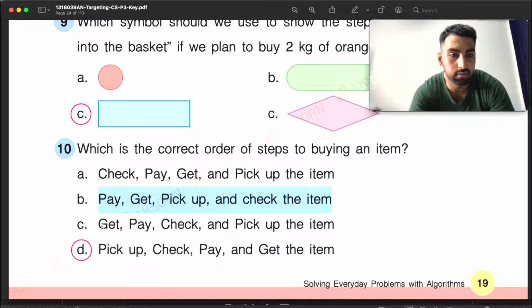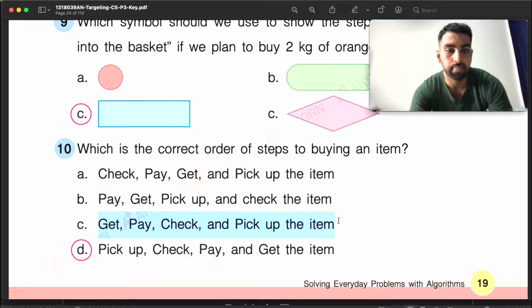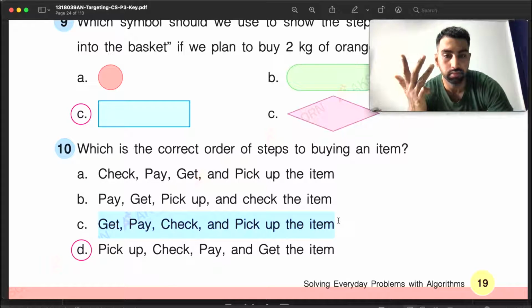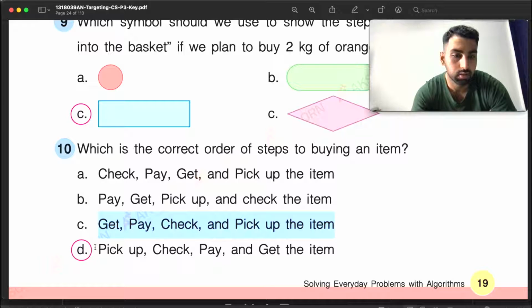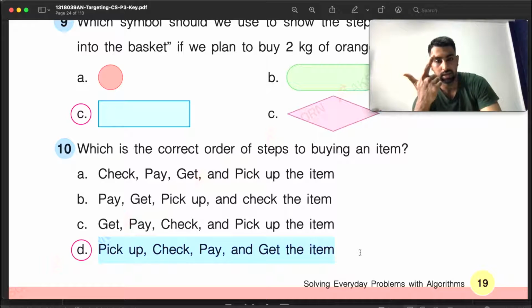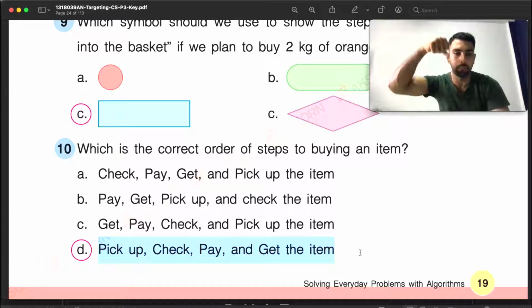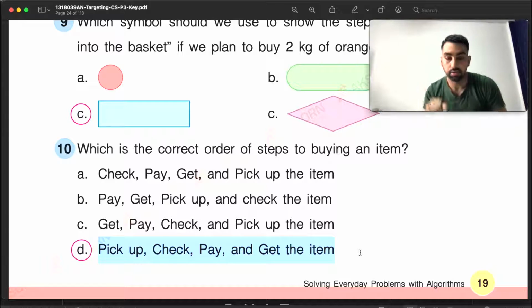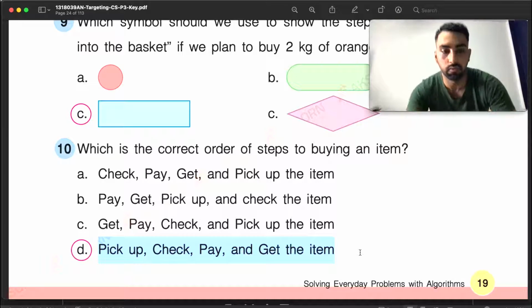C, get, pay, check and pick up the items. D, pick up, check, pay, get the item. That's the correct one. Number 1 you pick up, number 2 you check, number 3 you pay money, and then you get the item. Alright.